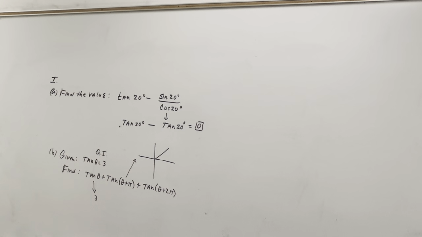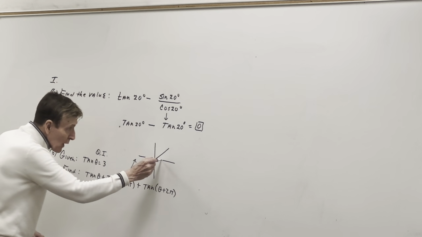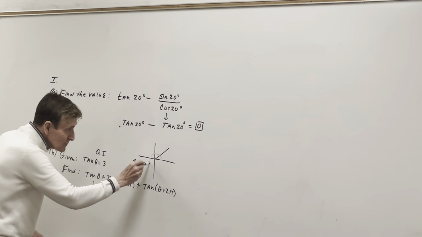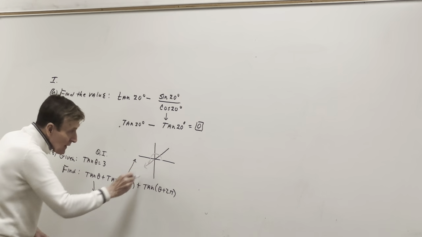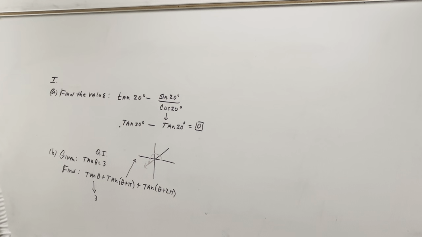Now 20 plus 180, what's that, 200? Am I still over in quadrant 3? So does this right here represent something over in quadrant 3? If I move 180, am I now over in quadrant 3? Is it true? Now they're asking for tangent. Tangent's still y over x.